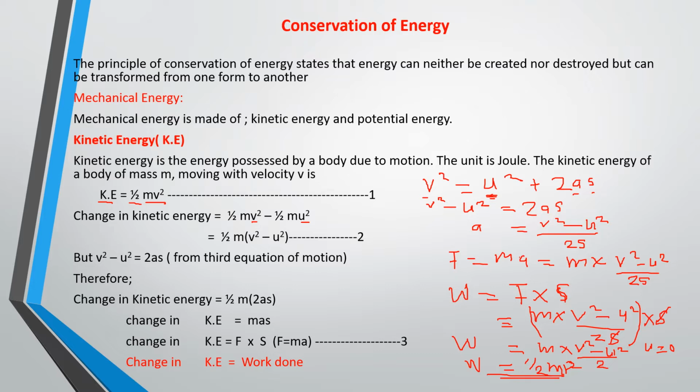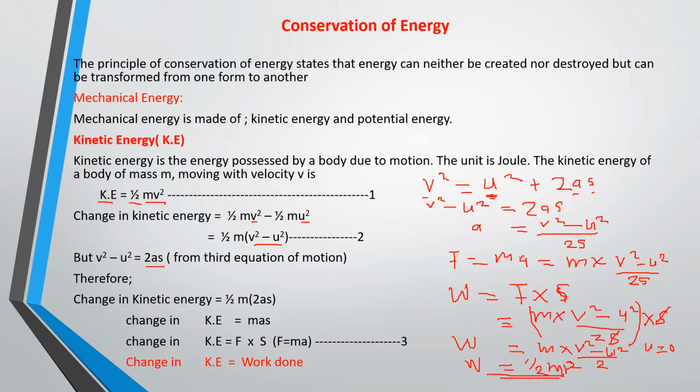change in kinetic energy is equal to half mv squared, where v is the final velocity, minus half mu squared, where u is the initial velocity. This you can also rewrite as this. Don't forget that from the third equation of motion, v squared minus u squared is equal to 2as.